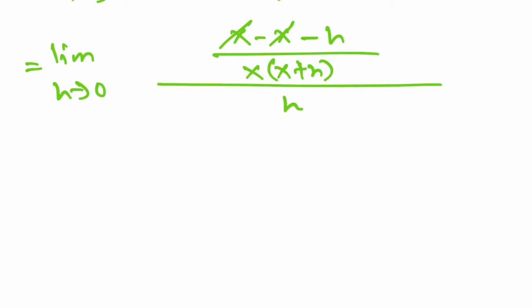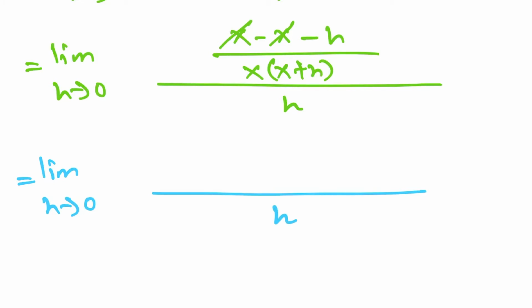Let's do this problem step by step so that you can easily understand what's going on. So limit as h goes to 0. I have a fraction. The bottom I have h, but on top I have negative h over x times x plus h, right?